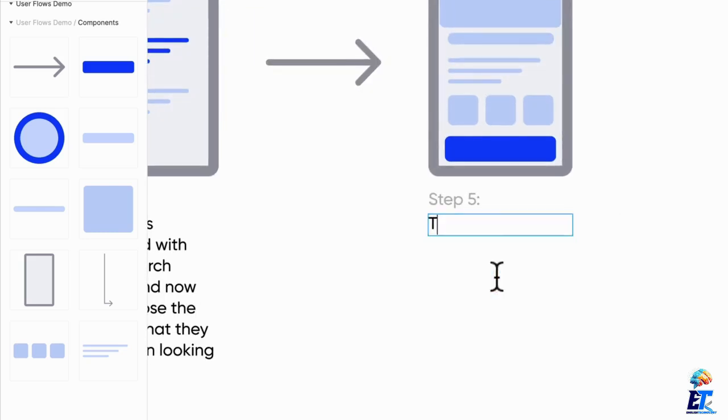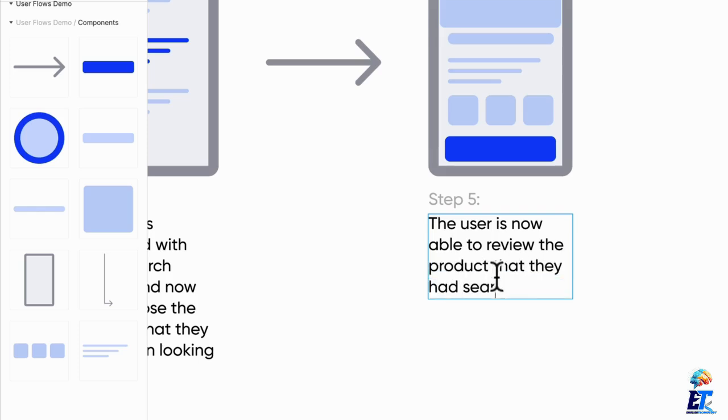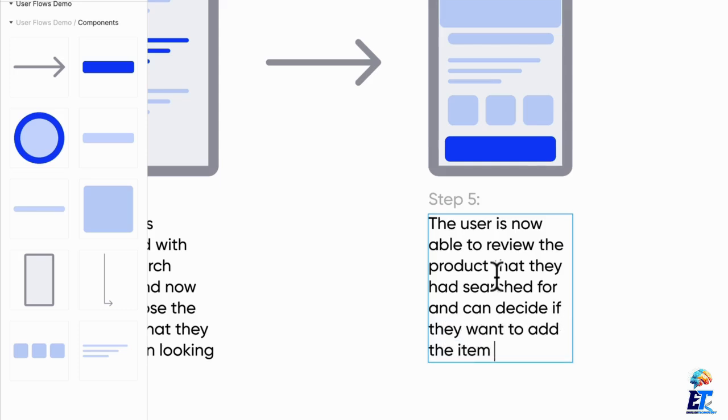So step 5, the user is now able to review the product that they had searched for and can decide if they want to add the item to their cart. Perfect.